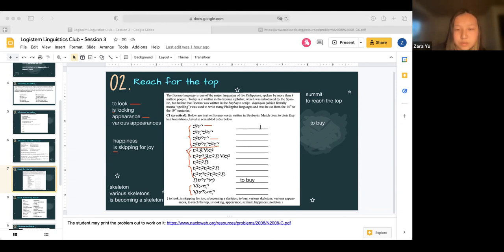So we can say this one is looking, and this one is skipping for joy, which means if we're doing groupings here, the one above it's happiness, because the rest of these all begin with 2. For skeleton, you have these 2 both begin with 2, and then this one would be is becoming a skeleton.